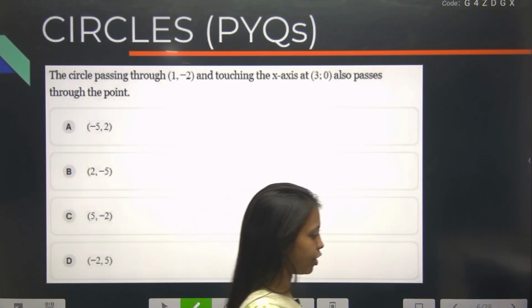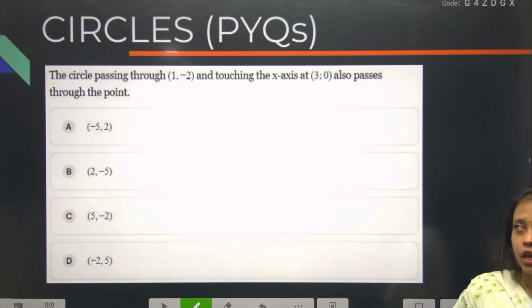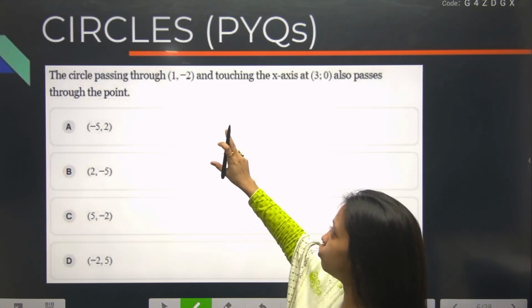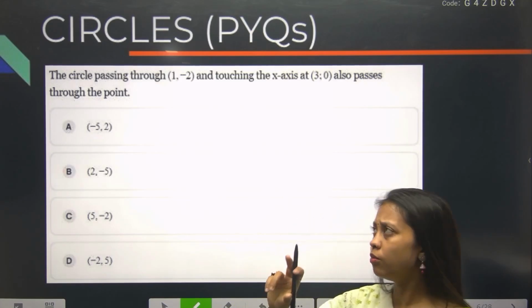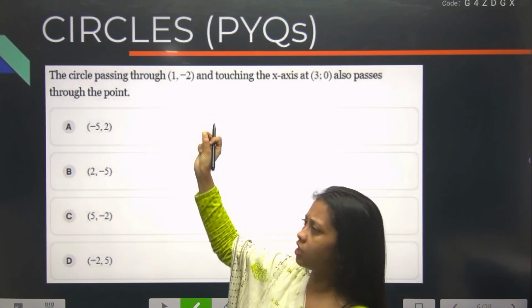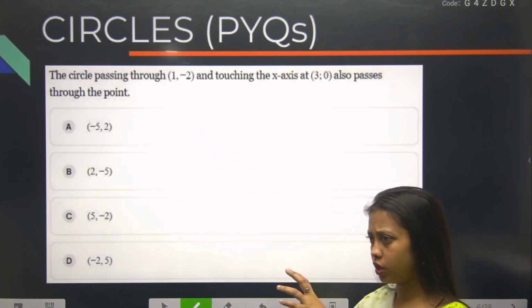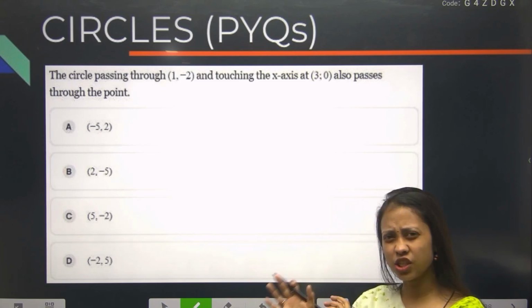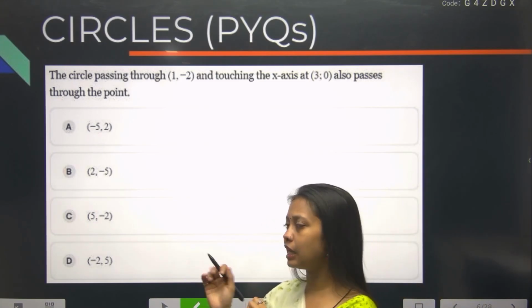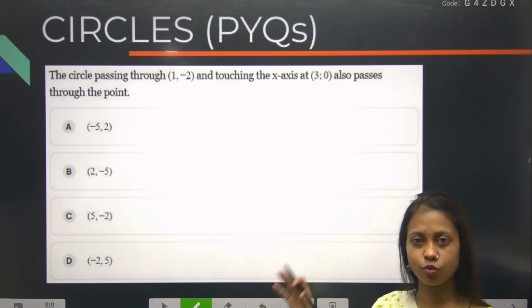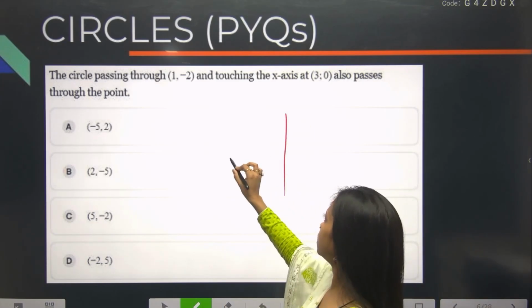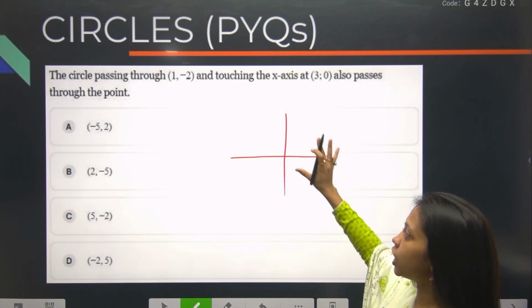See, the circle passing through 1 comma minus 2. The components they have taken are not very big numbers. So I can make an idea of where exactly in the R2 plane, Cartesian plane or XY plane, whatever you say. Let's try to draw that.